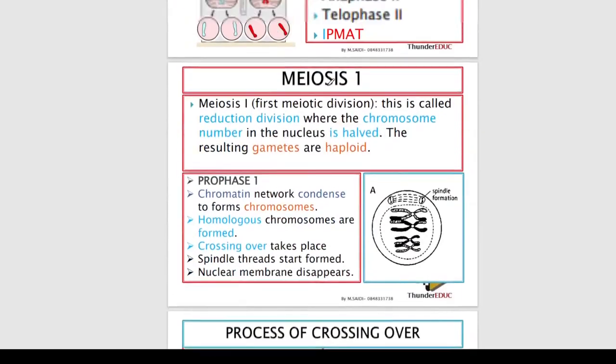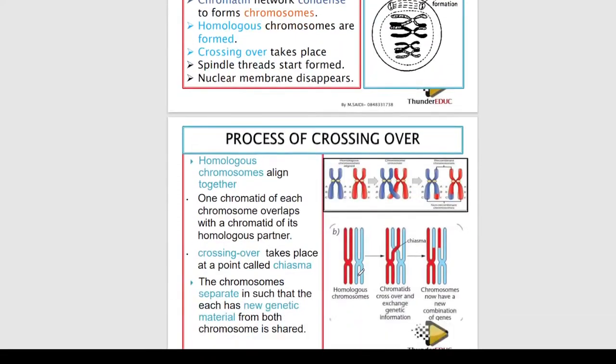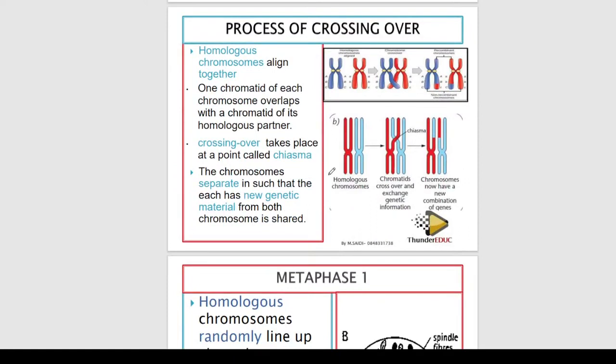Process, you have to know. You remember them by IPMAT. Yes. And then crossing over. You can't go to the paper without knowing the process of crossing over. Yes. The homologous chromosomes align together. Chromatids cross over at a point called the chiasma. And don't forget that it takes place in prophase 1.